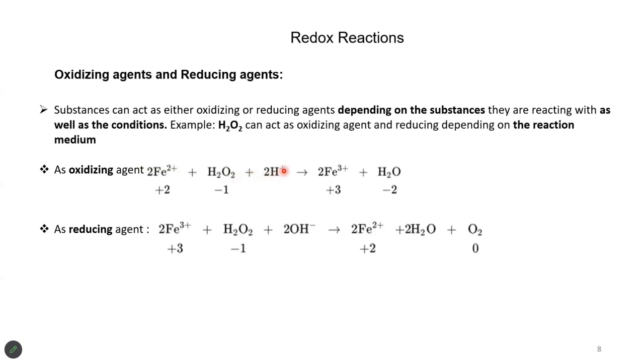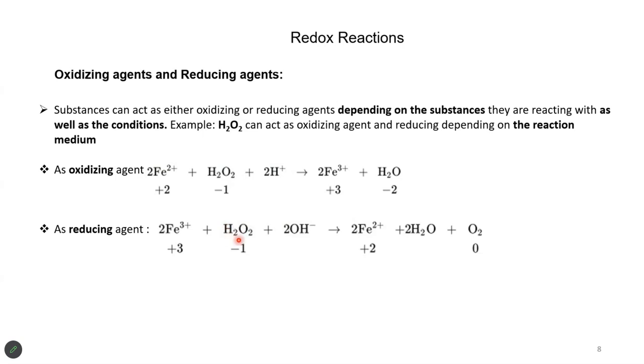When we react it in acidic medium, it is an oxidizing agent. This is the acidic medium symbol, and this is the alkaline medium. If we react it in alkaline medium, then it acts as a reducing agent.